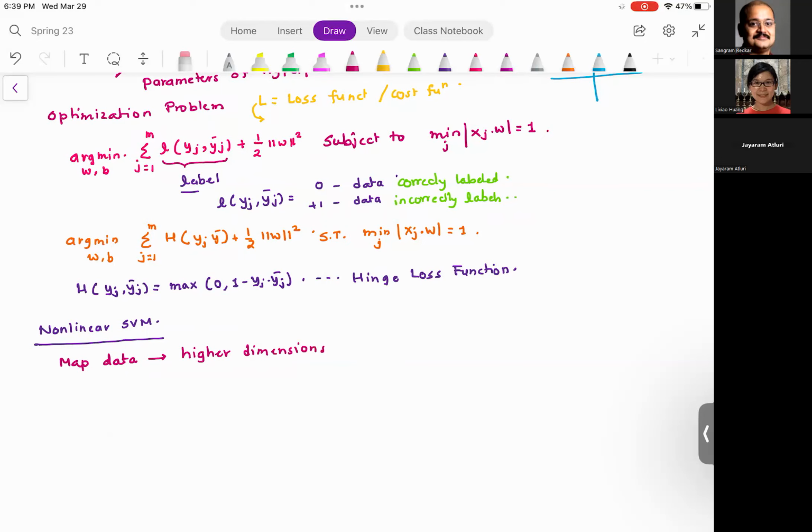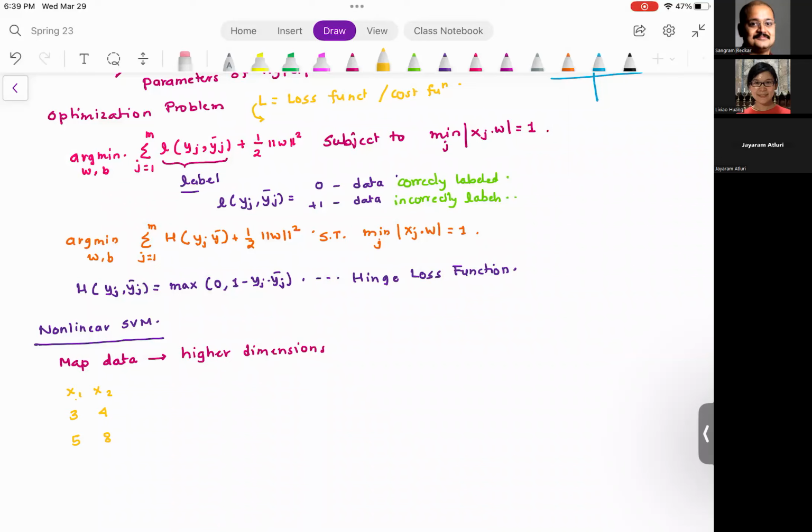Now, a very simple example is, imagine you have a data set, you have x1, you have x2, and say you have 3, 4, then you have 5, 8, some type of data set. If you were to just look at x1 and x2, you may not be able to differentiate the data set.